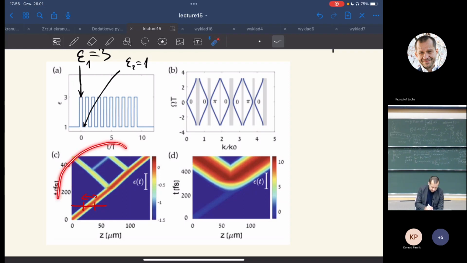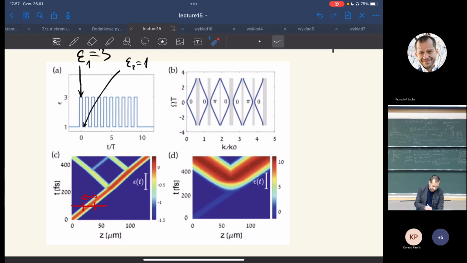And in this plot, we assume that we have chosen the wave number corresponding to this wave packet in a certain band of the wave number.